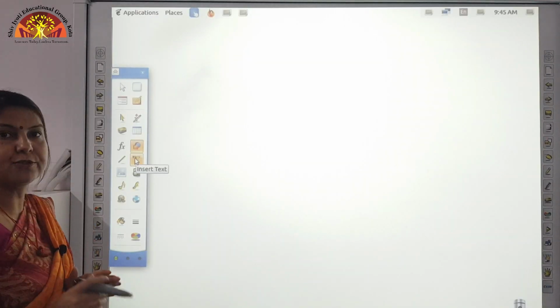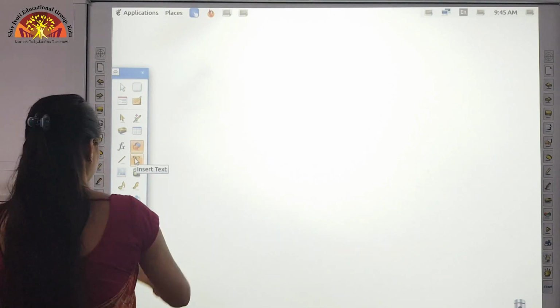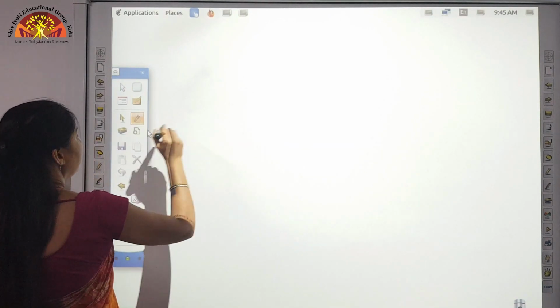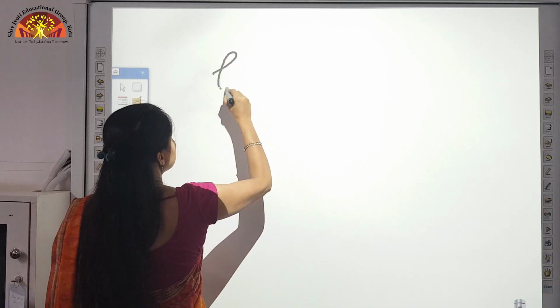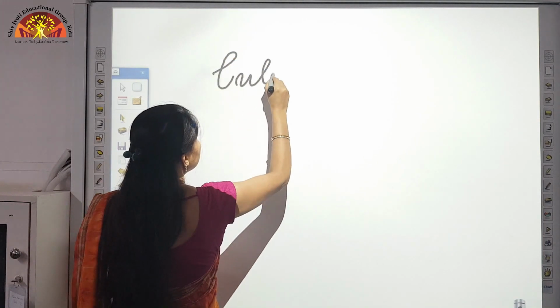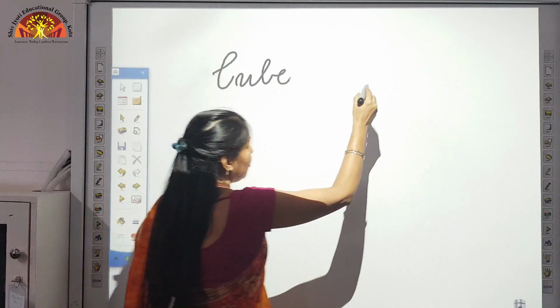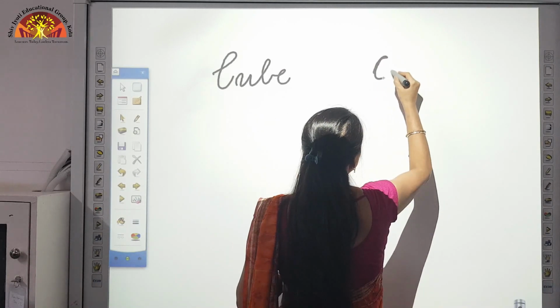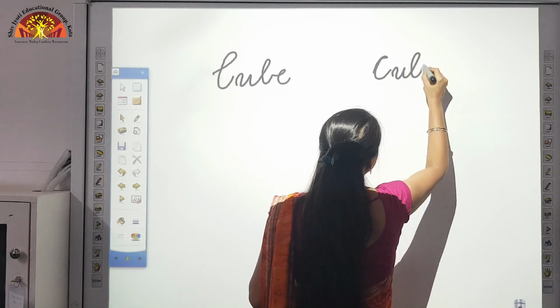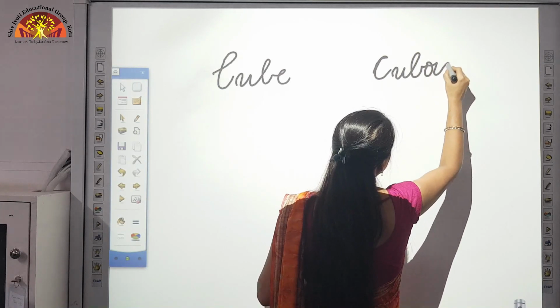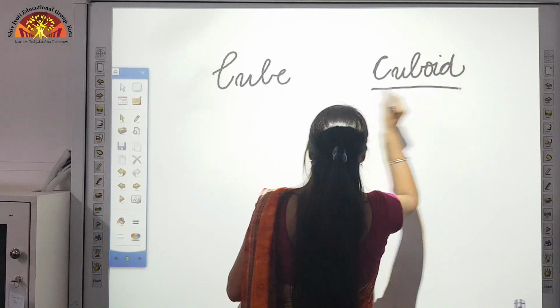Now children, we will draw first of all cube shape. Okay. So what is the spelling of cube? C-U-B-E. Now here we will draw cuboid, so you will be able to see the difference between both of them.